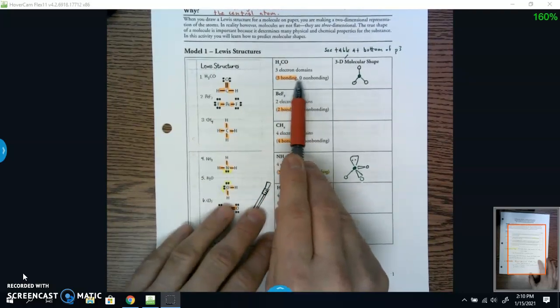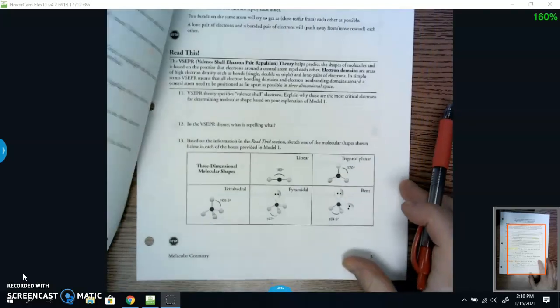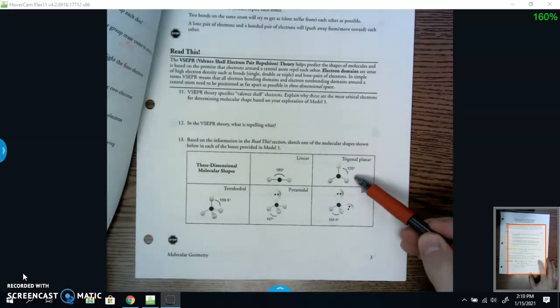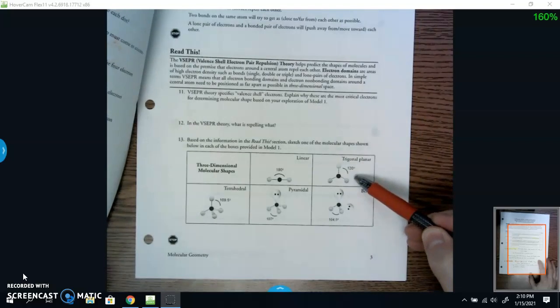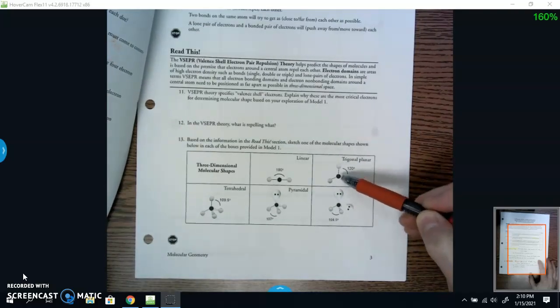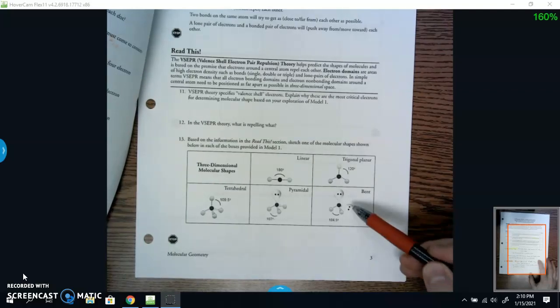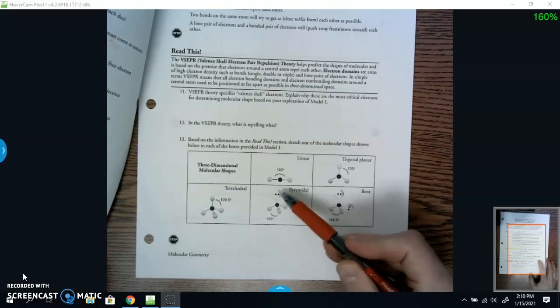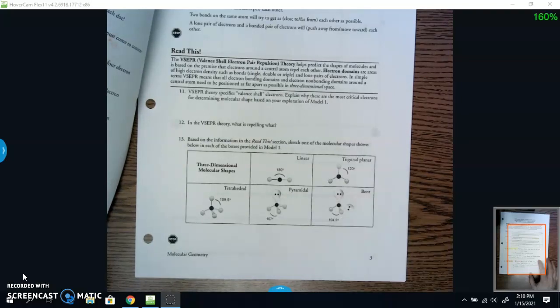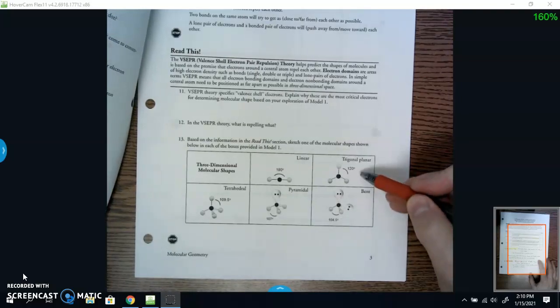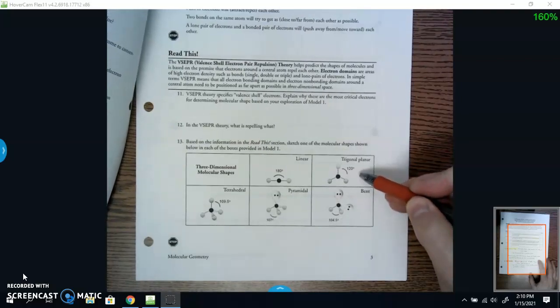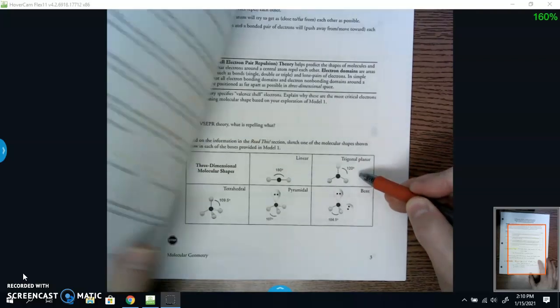When I take this information over to this table, I can infer that this must be the correct 3-dimensional structure for formaldehyde, because I can spot 1, 2, 3 bonding domains and 0 pairs of non-bonding electrons on the central atom. So for that reason, the molecule formaldehyde is called trigonal planar, and it has a 120-degree bond angle.